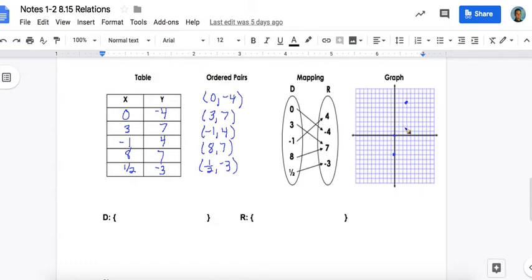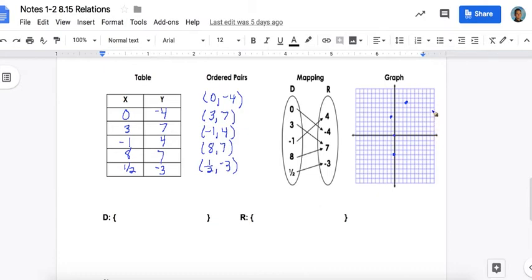And now I'm going to look for -1, 4. So go back to the origin, left 1, and up to 4. And then 8, 7, go back to the origin. 1, 2, 3, 4, 5, 6, 7, 8. And then we're going to go up to 7 again.